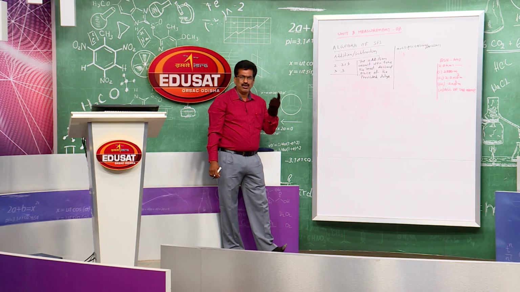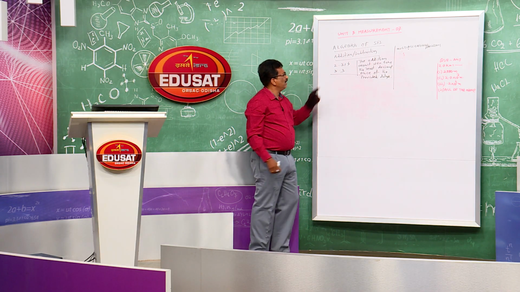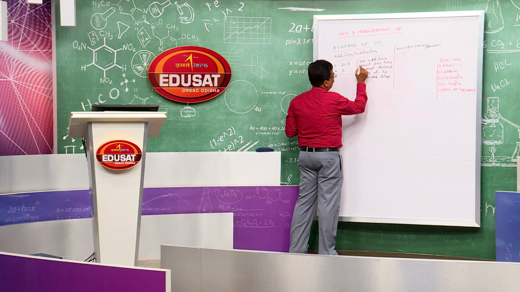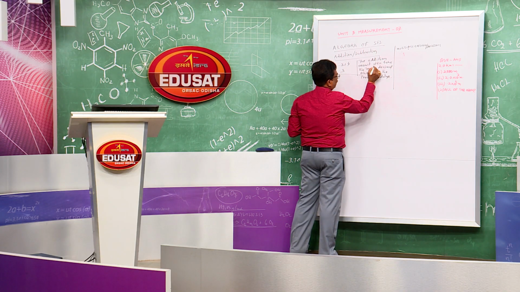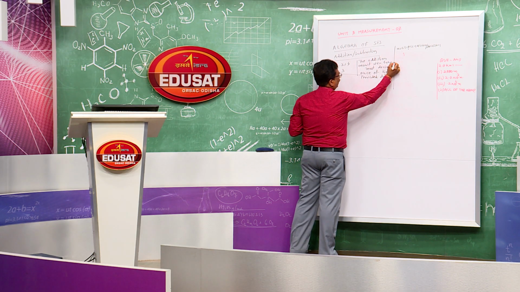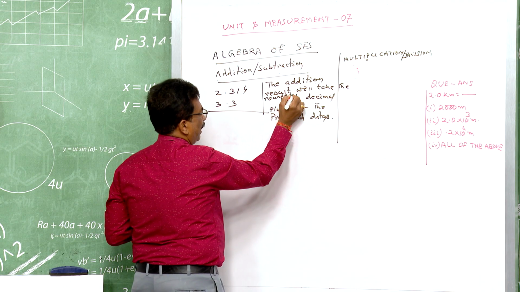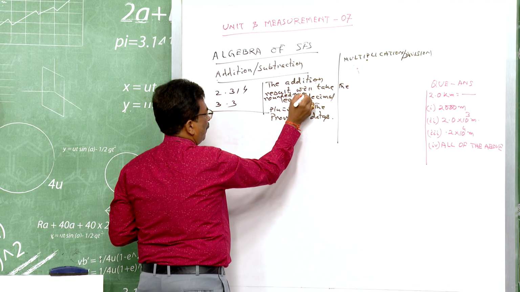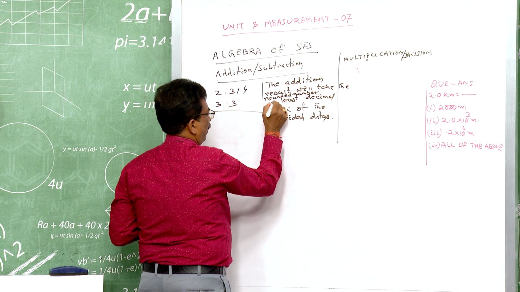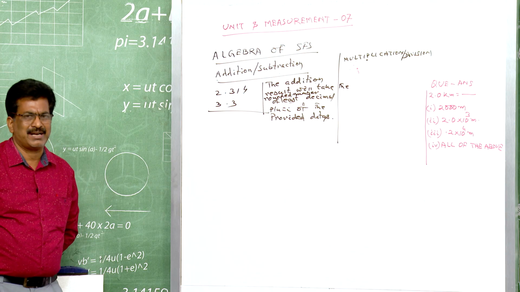This is the rule. Means the final result, the rounded addition result will take the rounded number of the least decimal places of the provided data.